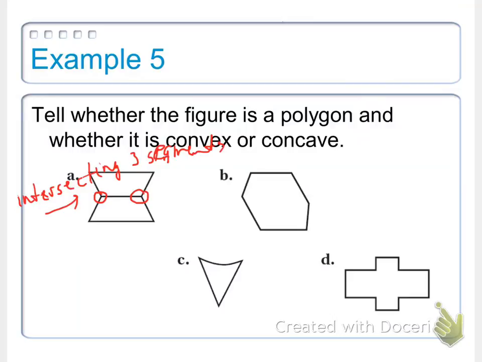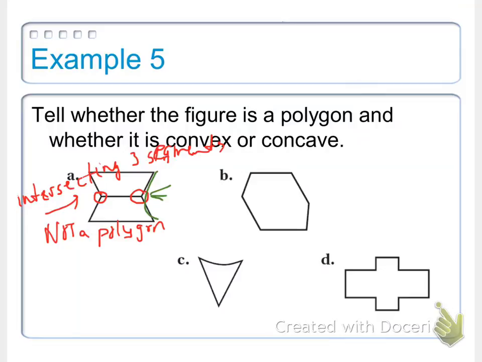So I know this is not a polygon, so I don't have to worry about convex or concave. Although, if we look at it, it does bend in, so if I were to call it something, it would be concave, but it's not even a polygon, so I don't have to worry about it.